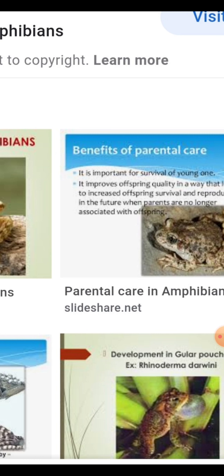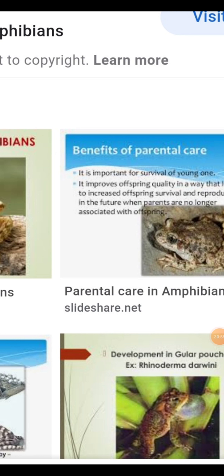These are all what I am discussing with you, things which are very important for taking care in the amphibians. The amphibians must take care of their eggs and embryos to sustain their development, to survive, and to protect from the enemies.